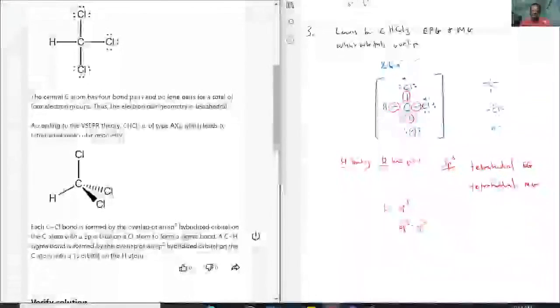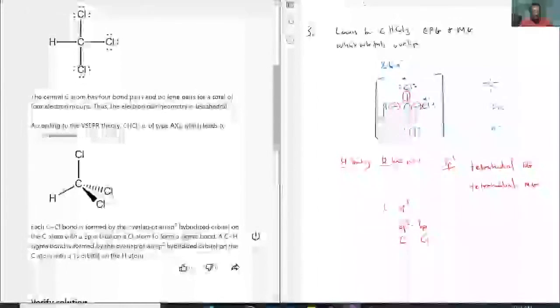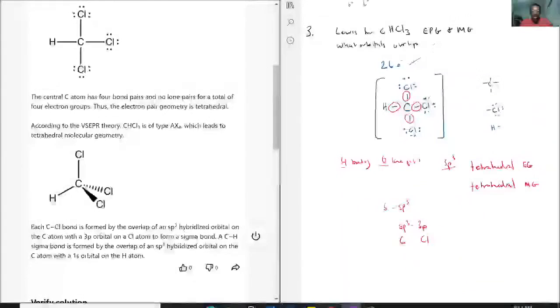So it's not just sp3 for everything, it's sp3 with 3p. This is the carbon side, and this is the chlorine side. And for the carbon-hydrogen bond, the sigma bond is formed by the overlap of an sp3 orbital on the C atom with a 1s orbital. So we were close, but now it's important to talk about what this means.